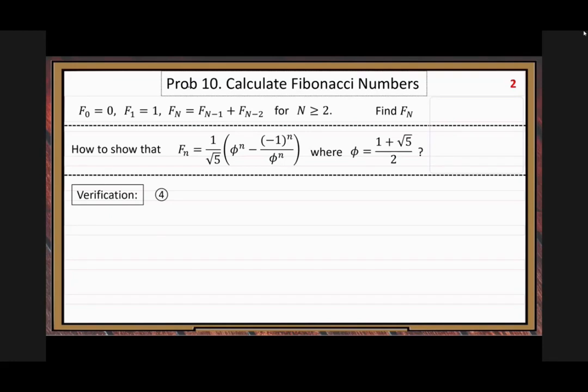I want to show you how to use the golden ratio property to do some algebra operations. So in this case, when n equals 3, I won't multiply everything out because that's too complicated.